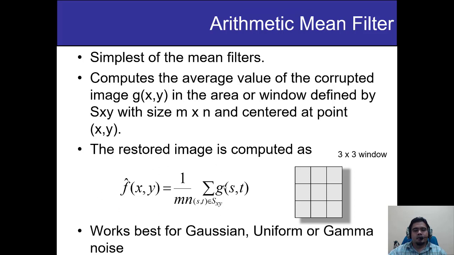As you can see now, G is not the output image anymore. Now G becomes the input of the filter, and F hat is the output. That's why I always highlight this.